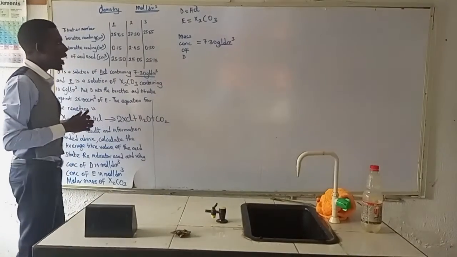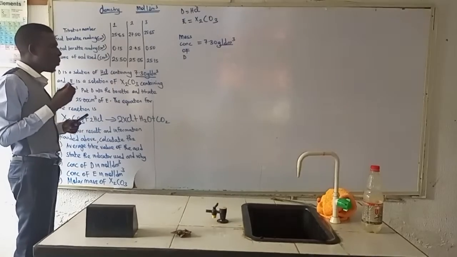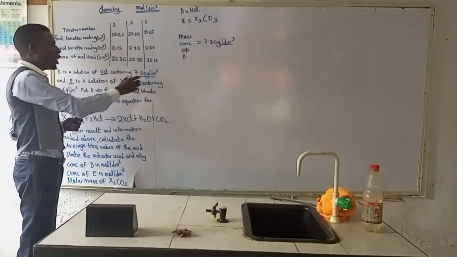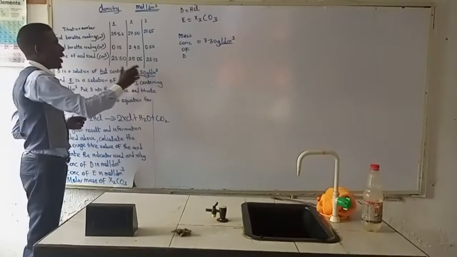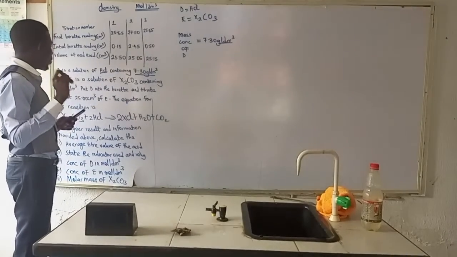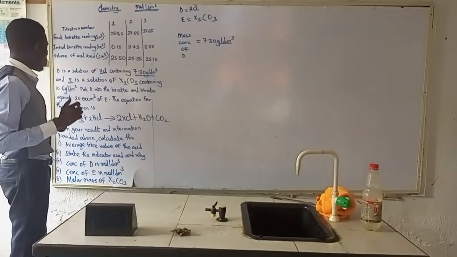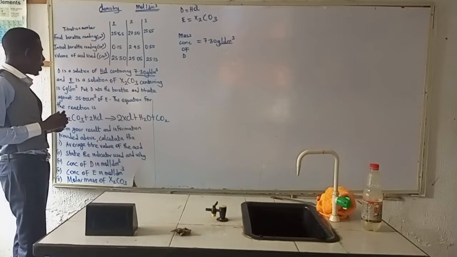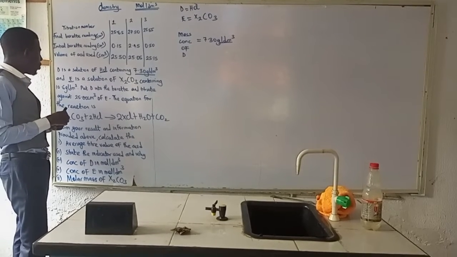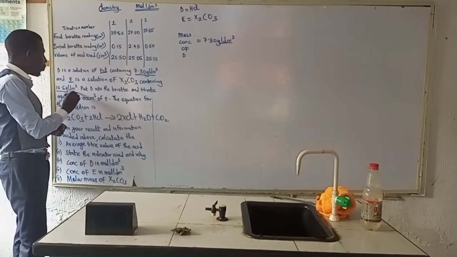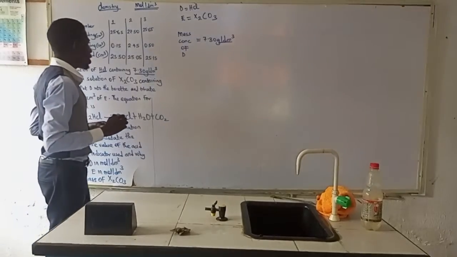Anytime you see a particular value measured in gram per dm cube, that means that particular value represents mass concentration.